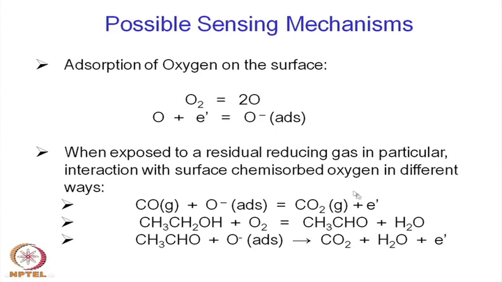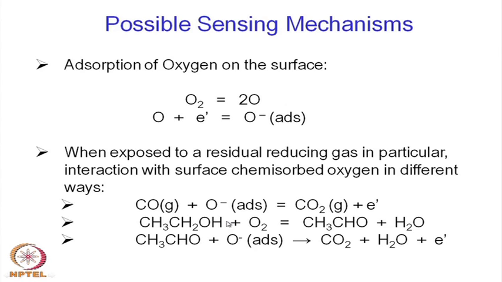So, in the presence of oxygen, the electron gets picked up from the surface. However, if there is a reducing gas, then the oxygen which was adsorbed on the surface reacts with the carbon monoxide and oxidizes it to CO2, and the electron which was picked up from the solid is given back to the solid, particularly on the surface.